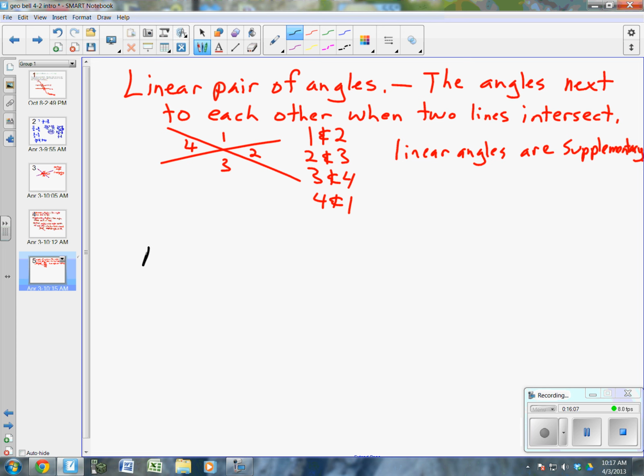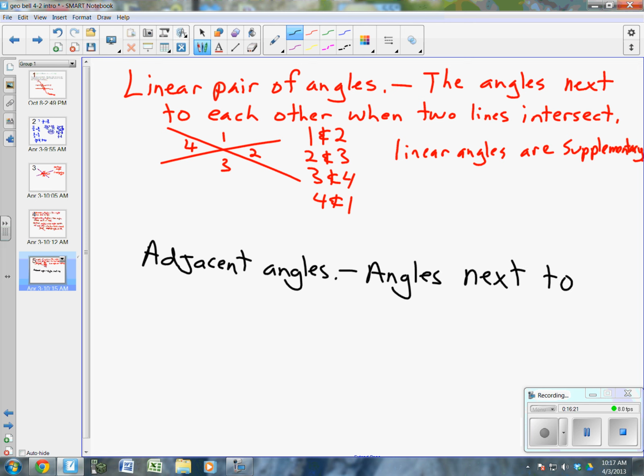Adjacent angles. Angles next to each other.